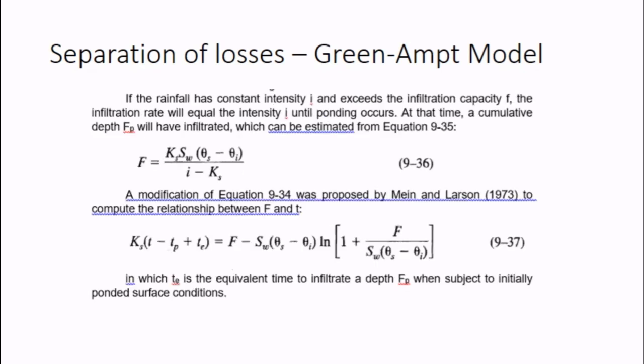Okay. So, if the rainfall has constant intensity I and exceeds the infiltration capacity F, the infiltration rate will equal the intensity I until ponding occurs. So, syempre, at that time, accumulative depth F sub P will have infiltrated, which can be estimated from equation 9-35.